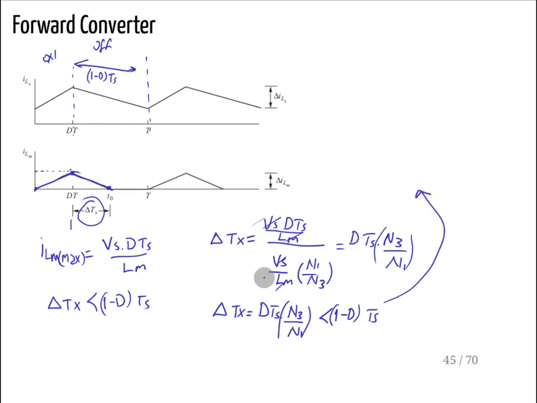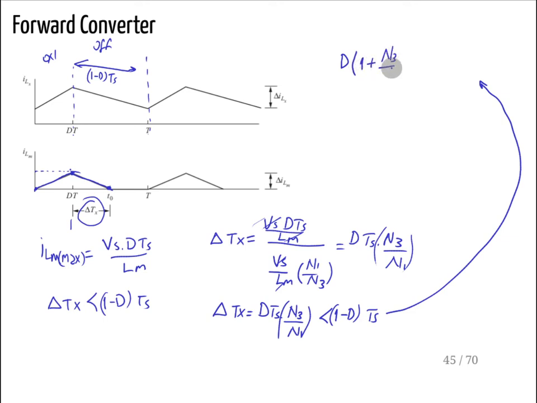Ts can be cancelled, so let me write a little bit forward, d times (1 plus N3 over N1) should be smaller than 1.